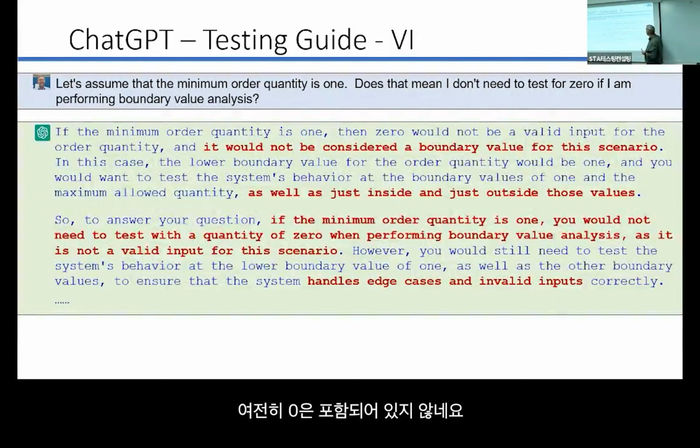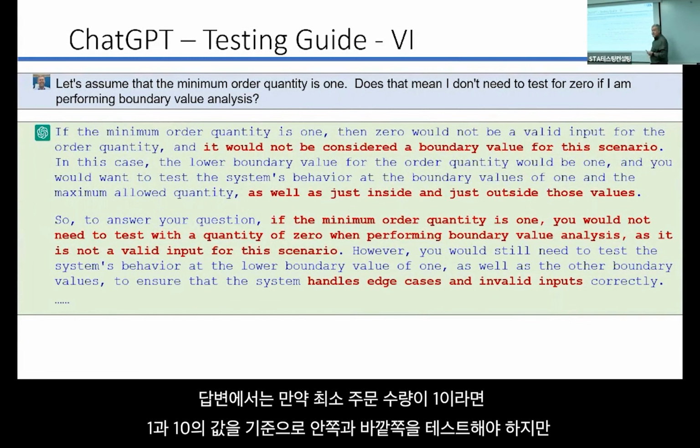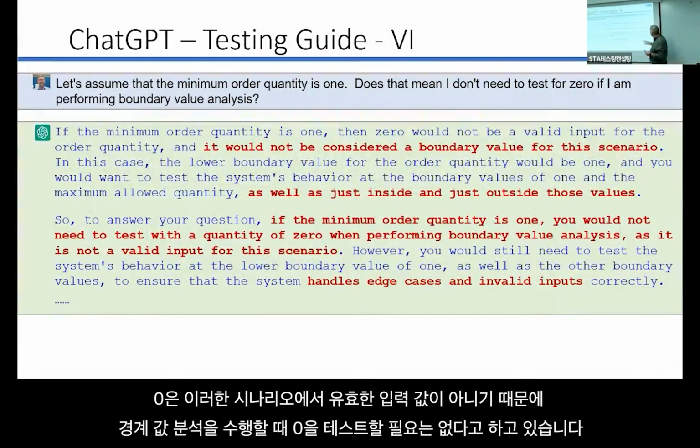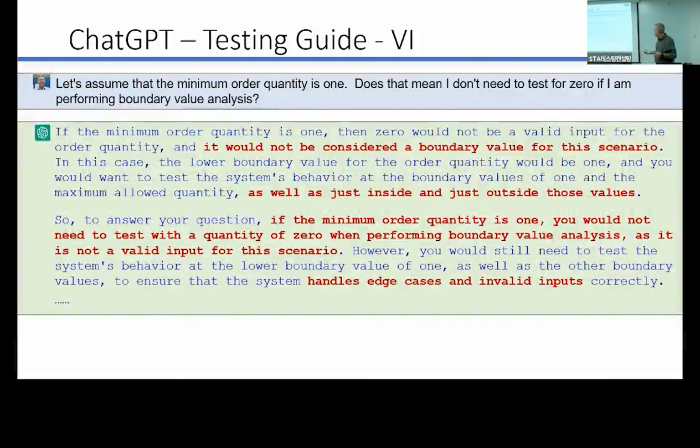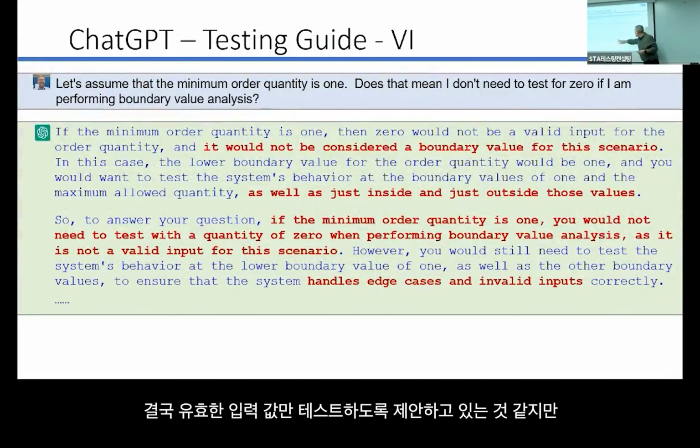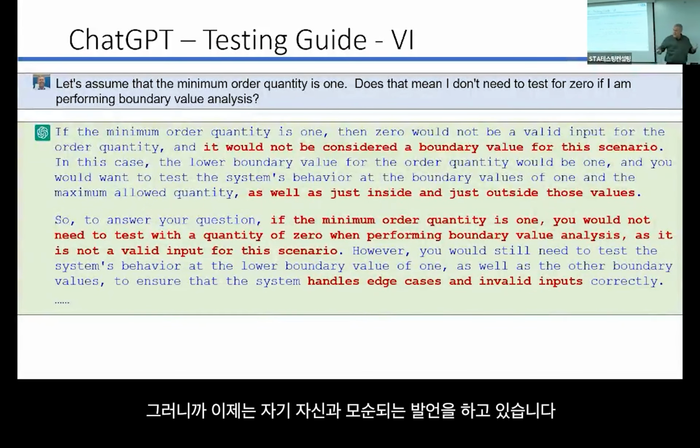But, okay, so it doesn't like 0, but it's still saying I've got to test just inside and outside the values of 1 and 10. If the minimum order quantity is 1, you would not need to test with a quantity of 0 when performing boundary value analysis, as it's not a valid input for this scenario. So I'm now sort of thinking, well, it's now suggesting that it only tests valid inputs. But then it says, no, you've got to test for edge cases and invalid inputs. So it's now contradicting itself.